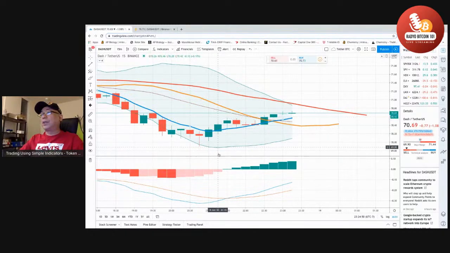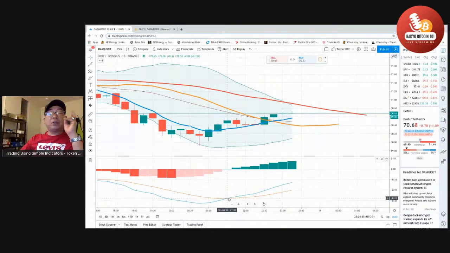I'm sorry, the wallet. So the MACD here tells you there are two things you need to look at. The first one is, is it in the golden cross, or is it the death cross? These are really simple tools that can help you speculate the direction of the particular token in question. So here there is already a golden cross right over here, right?